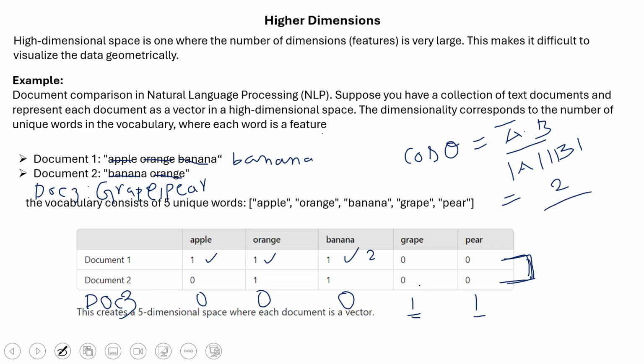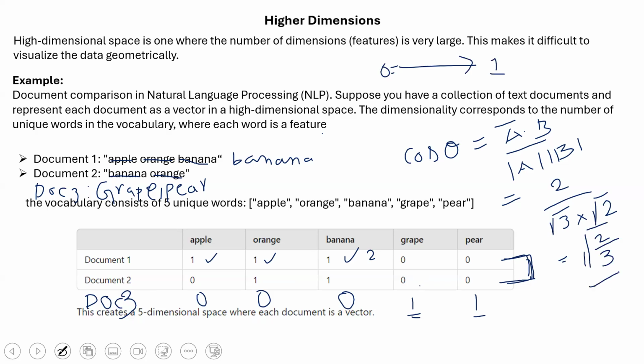The dot product is 2, and what is the modulus? The modulus of a is root 3 into root 2, right? So this becomes 2 by root 6. So what is the angle in that case? Cos value ranges from 0 to 1.